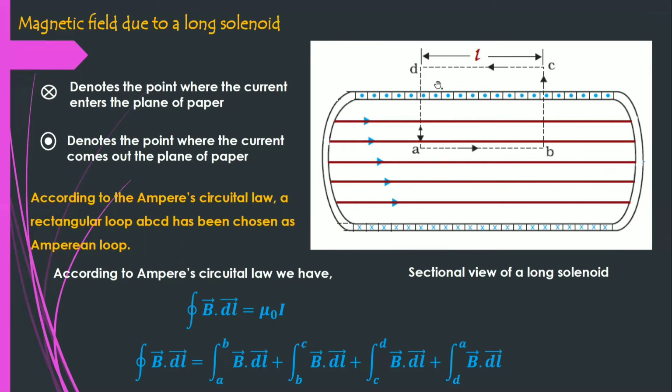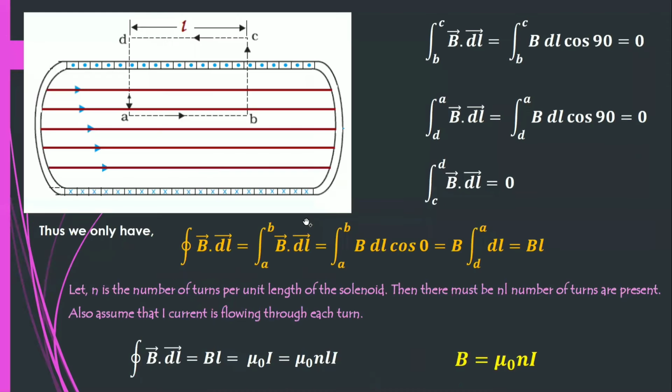This completes the closed path. Suppose the length of the segment CD is L. Now let us see again. If we first consider the integration from B to C, B dot dl, the magnetic field is directed along this direction and dl is along this direction, so the angle between them is 90 degrees.